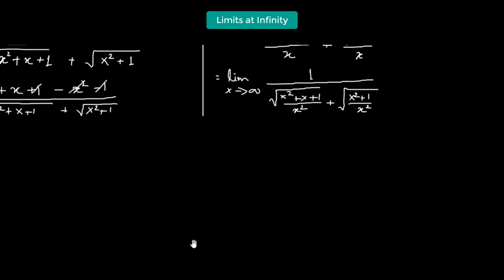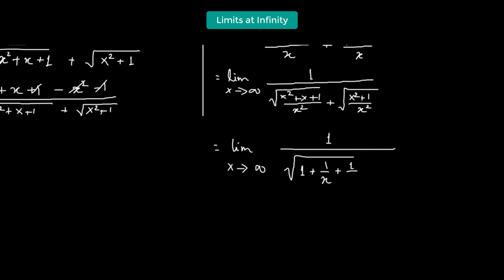On further simplification, we get limit x tending to infinity of 1 over the square root of x squared over x squared, which will be 1, plus x over x squared, which will be simply 1 over x, plus 1 over x squared. Then for the second term, we have the square root of 1 plus 1 over x squared.